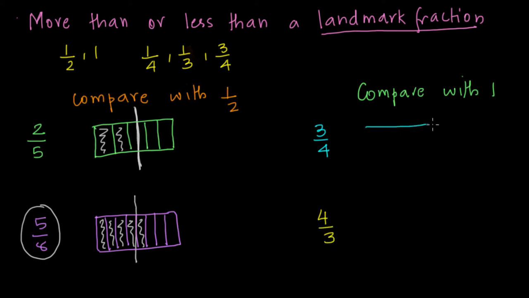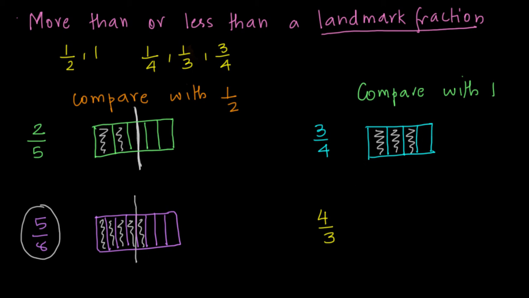So I take a whole, I split it into 4 parts because this denominator tells me how many parts I should split it into, and the numerator tells me how many parts I want. So I'm looking at 3/4. You notice how I've split the whole into 4 parts, and I've taken up 3, and so 3/4 is not even equal, it is less than a whole.